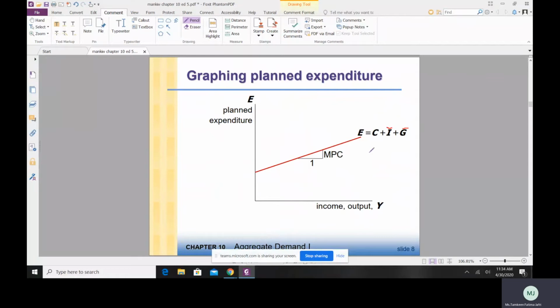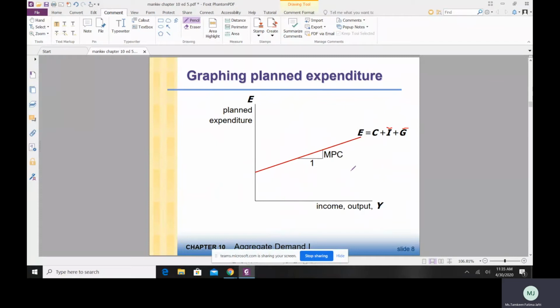Let me repeat: when Y increases, that means disposable income increases. When disposable income increases, C will increase. When C increases, E will increase. But remember, if C increases by $1, E is increasing, but it's increasing by less than $1. The reason is because of MPC. MPC, which is the marginal propensity to consume, is less than 1.